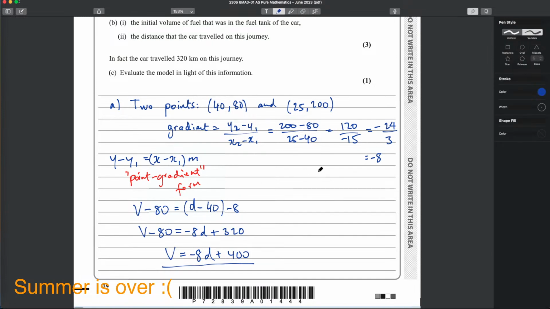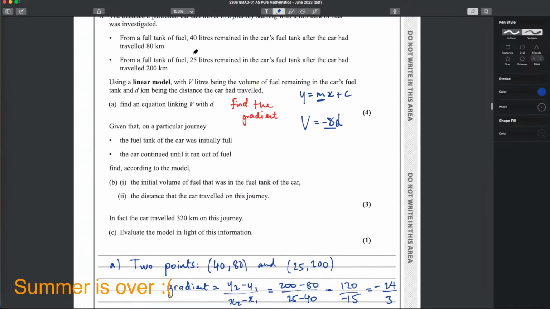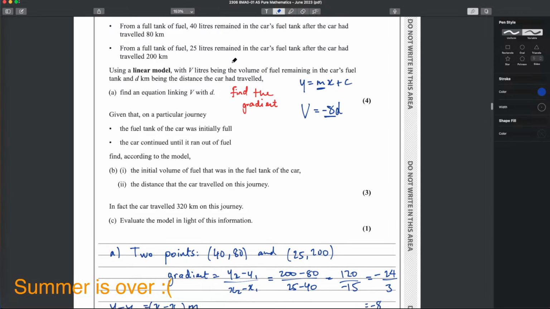Okay, let me draw a sketch. There's something that I'm missing. There's something I'm not understanding. I have these 2 points. 40, 80, say is about here. What do these points mean again? 25 liters remain after the car has traveled.